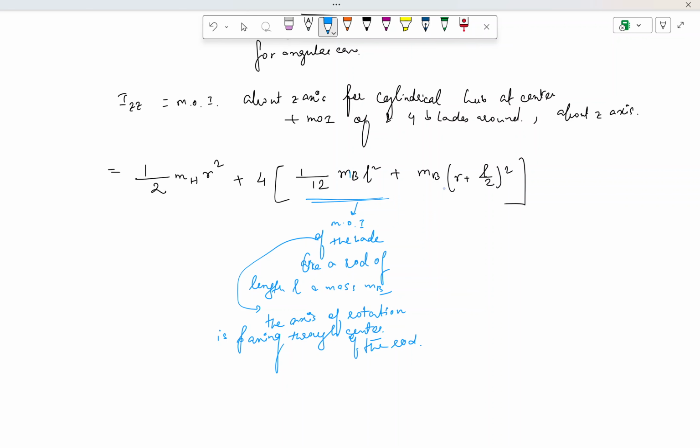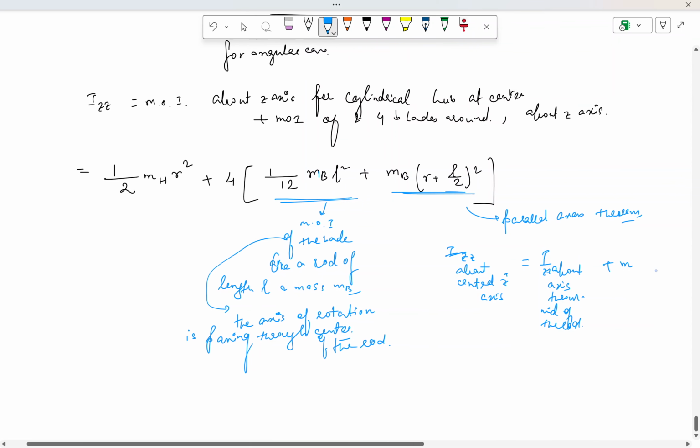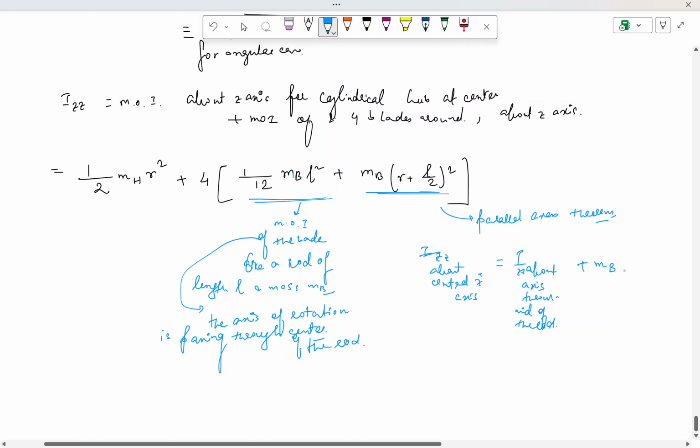But there is also the parallel axis theorem: the moment of inertia about the central Z axis equals the moment of inertia about the axis through the middle of the rod, plus mb, where the blade has mass mb, times the distance between the two axes squared.